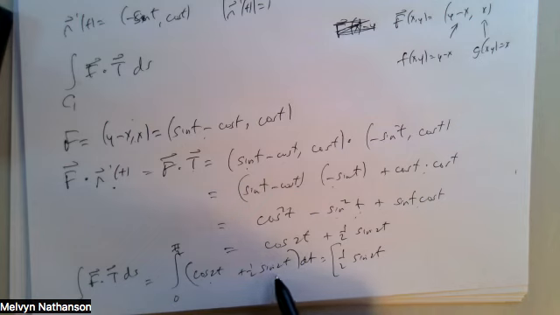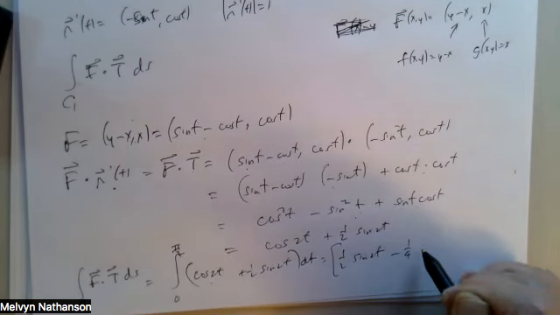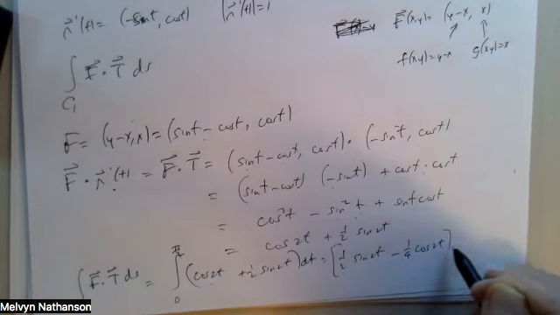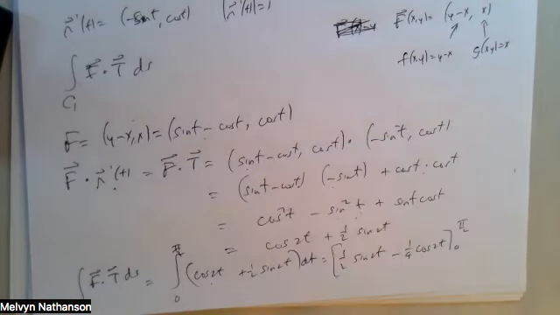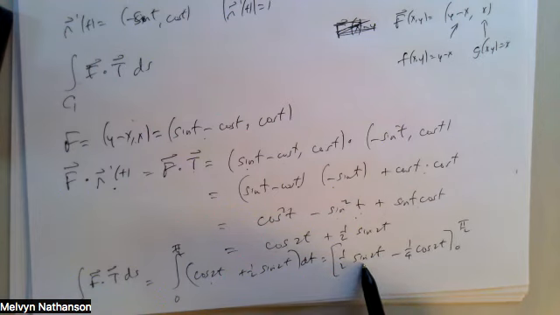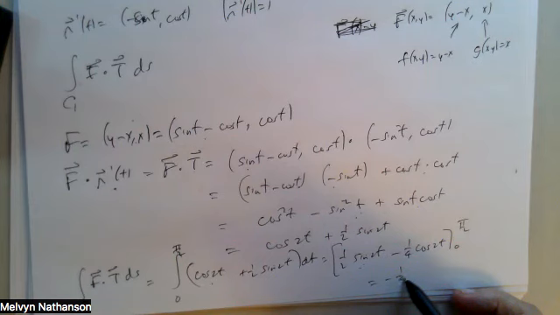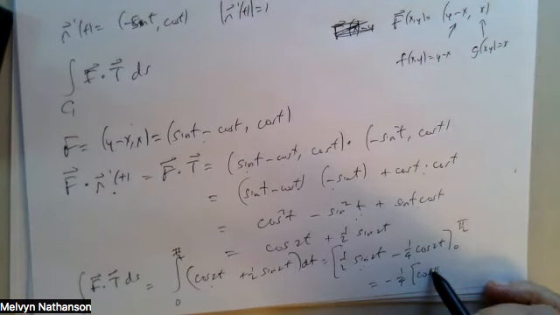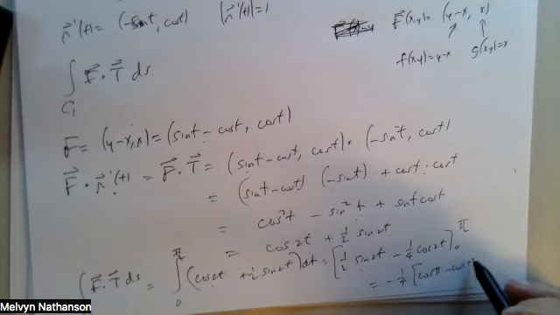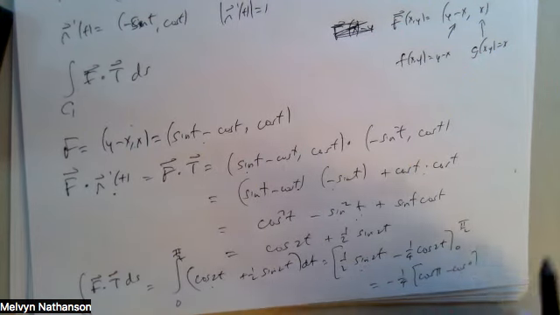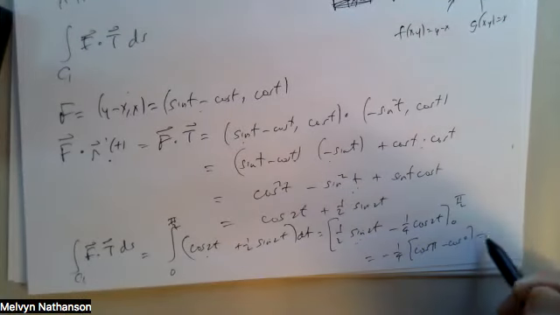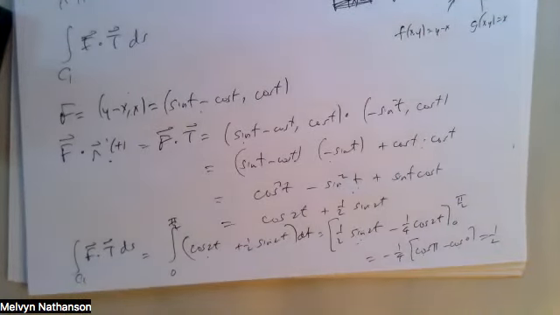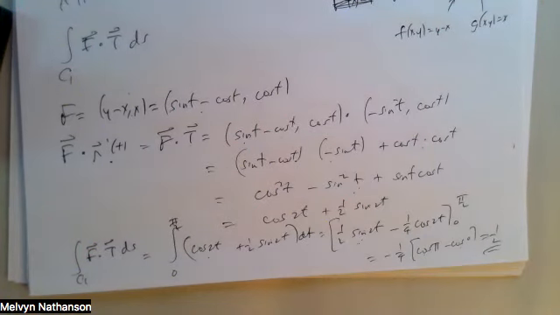The integral of a half sine 2t is minus a fourth cosine 2t. Evaluated from 0 to pi over 2. Let's see, sine pi and sine 0 give 0. So I get minus a fourth times cosine of pi minus cosine 0. Minus 1 minus 1 is minus 2, times minus a fourth is plus a half. So that is what the integral gives.